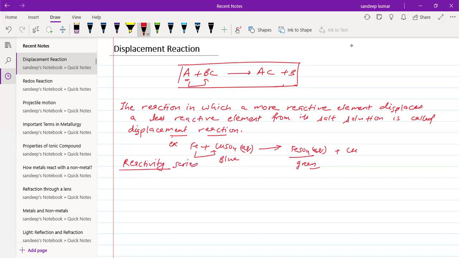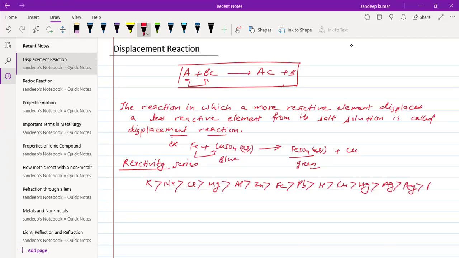In the reactivity series, potassium is most reactive, then sodium, then calcium, then magnesium, then aluminium, then zinc, here iron, lead, then hydrogen, copper, mercury, Hg, then silver, gold, and platinum.